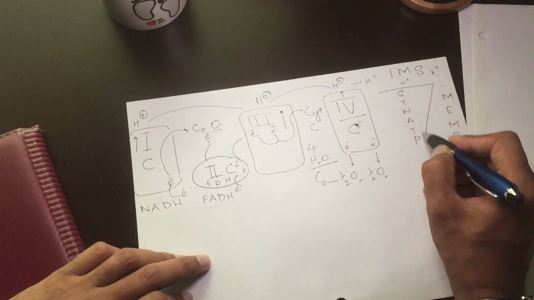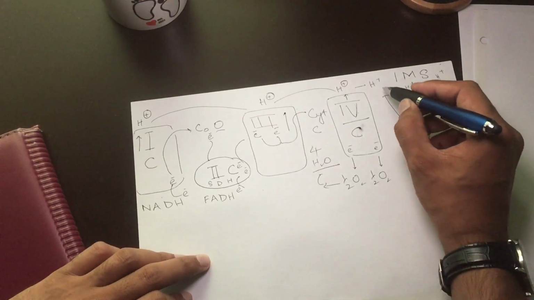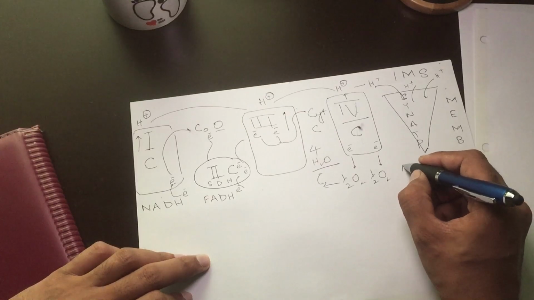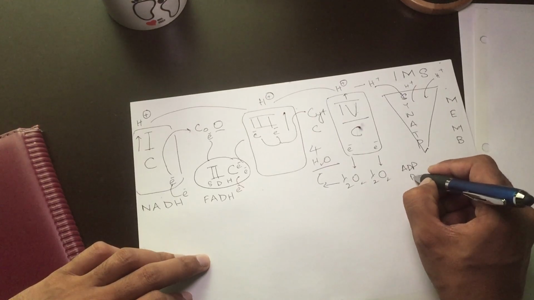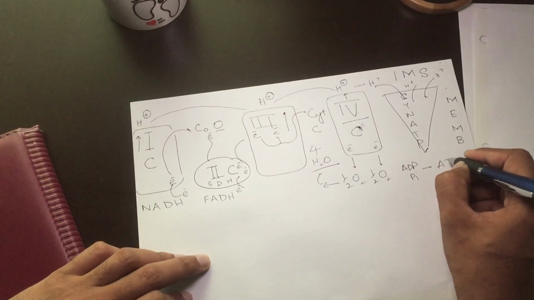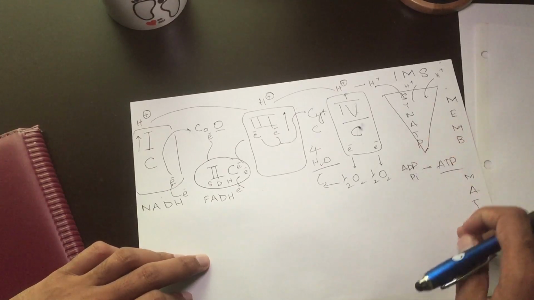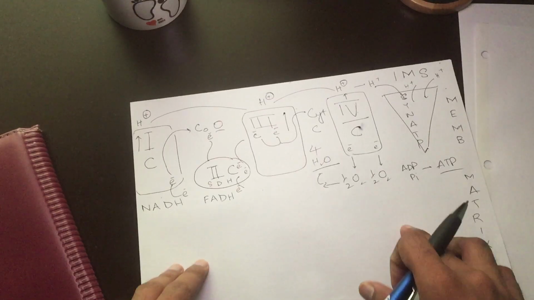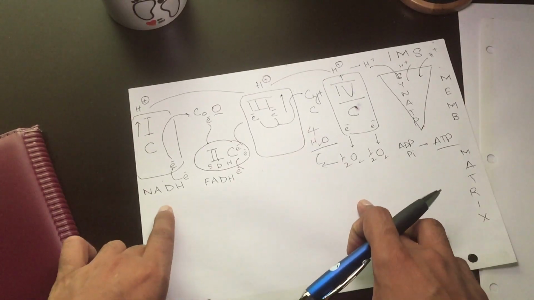This ATP synthase enzyme uses these hydrogen ions to convert phosphate to ATP, and this complex is also known as complex 5. Now let's review this.